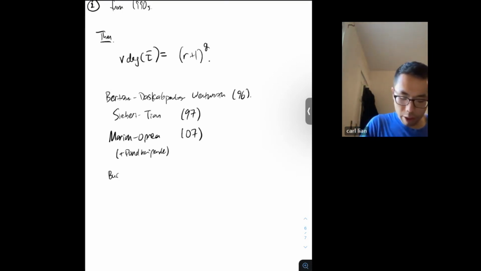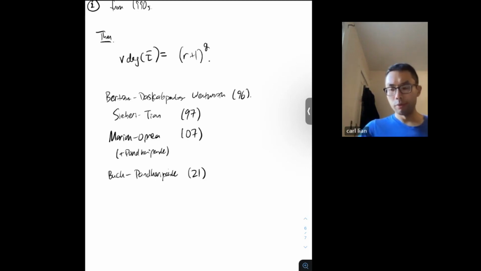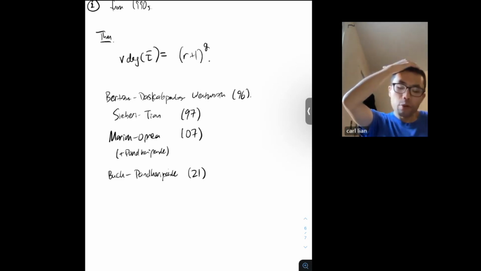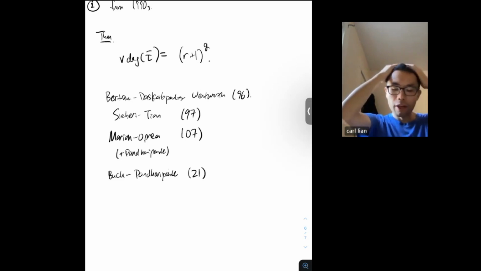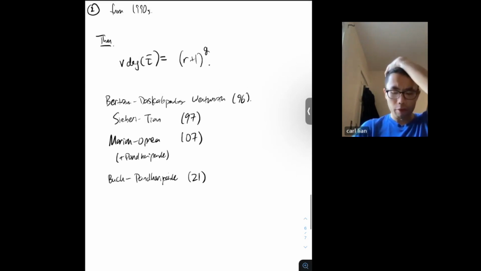And then most recently, Buch and Pandharipande gave a new kind of viewpoint on this, where you can replace PR with any target. In fact, this is a new viewpoint, but also not quite a new viewpoint, because it's using language which had been available for 20 years. But what they explain is what seems to be the most direct calculation of this invariant.